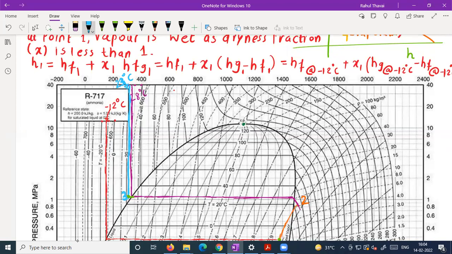Obviously the horizontal line is a constant temperature line, but it is also a constant pressure line, right? Because it's horizontal, and this process 2 to 3 occurs in a condenser where pressure is constant. So when you extend this line 2 to 3 and intersect it with 23 degrees Celsius, we'll get point number 3. Yeah, is that okay?